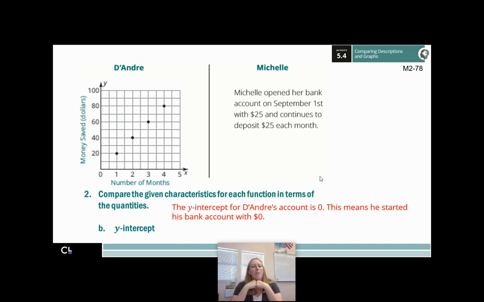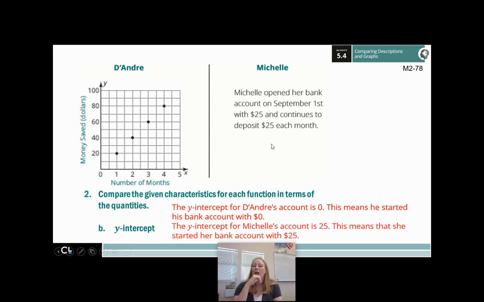But what about Michelle? Well, Michelle did not start with $0 in her account. If you recall, when she opened it, she put $25 in it right from the start. So that tells me then that the y-intercept for Michelle's account is 25. This means that she started her bank account with $25.